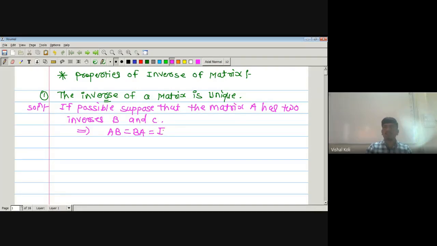Similarly, C is also an inverse of A, which implies A into C equals C into A equals the identity matrix. Take this one as equation 1, and this one as equation 2.